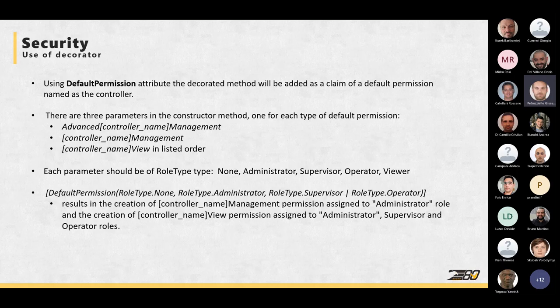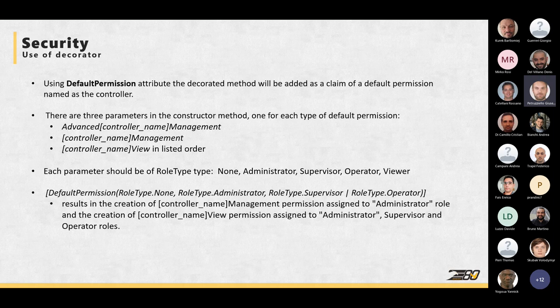It's an attribute that you can use to decorate a method of a specific API controller. So there are 3 types of parameter that you can add in the decorator.